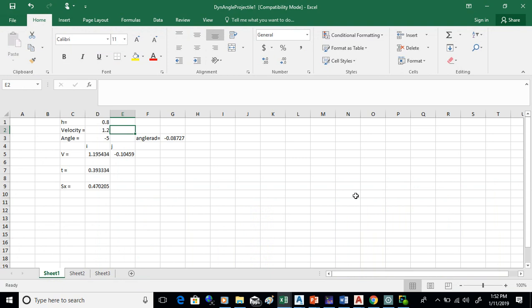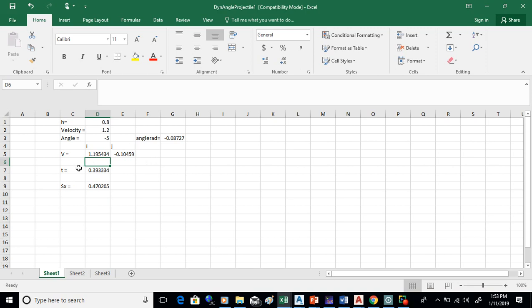All right, so here's a spreadsheet that I've got set up. So what I have there is the height, which is 0.8, because I'm calling positive down. I've got the velocity at 0.2, and then I've got an angle. Now, these things seem to like to work in radians, so I immediately convert the angle into radians. Then I've got a column for the x and y velocities based on my angle and my velocity. Okay, so that gets me the x and y velocities. I vectorize the velocity there.